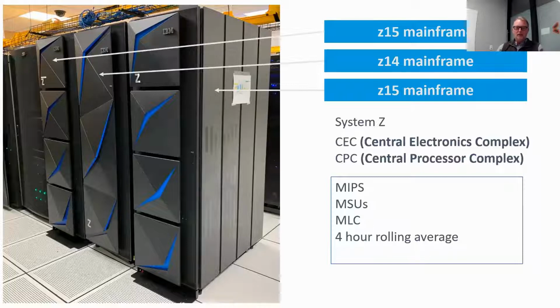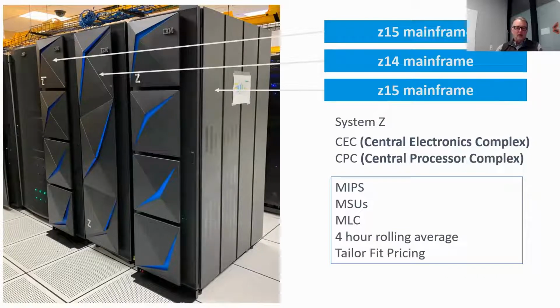They take the 4-hour period where you use the most average MIPS or MSUs, and then they use that as your benchmark for how much the software charges will be for that month. Now that's a kind of complicated way of doing it, and there were all sorts of things that went into trying to reduce that monthly 4-hour average.